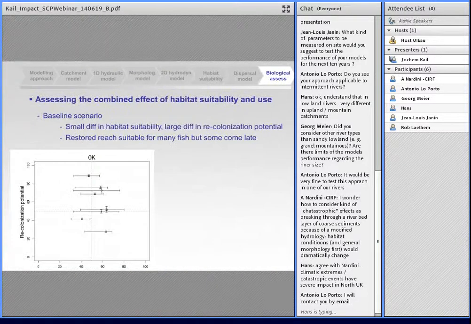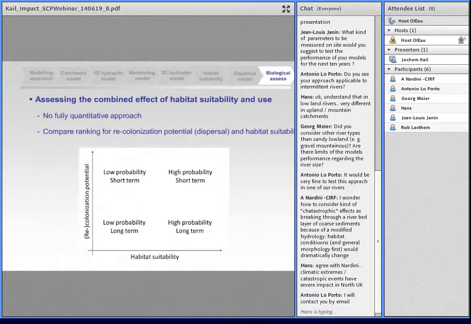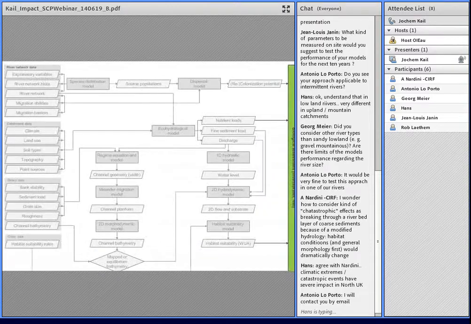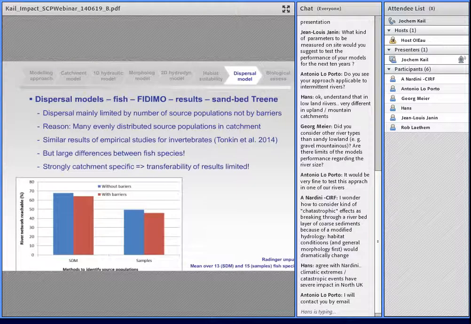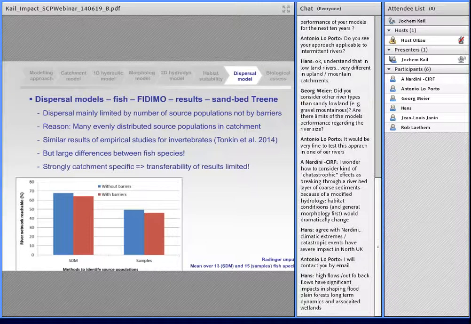I know you might find it difficult to have the results from the Portuguese case study, but yes, we have similar results for the Sele catchment, but there the number of barriers is much lower compared to this lowland system. I think if you have a very heavily degraded system with very few source populations, the barriers are more limiting.